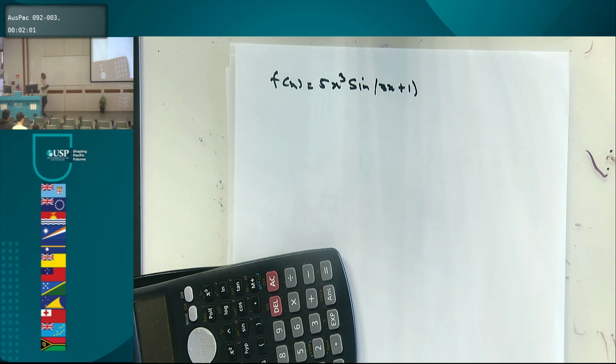Okay? What technique or techniques shall we use here? I see that there are two functions multiplied. Which two functions are these? One is 5x cubed, and the other is sine 3x plus 1. So if two functions are multiplied, what technique do we use? Product rule.